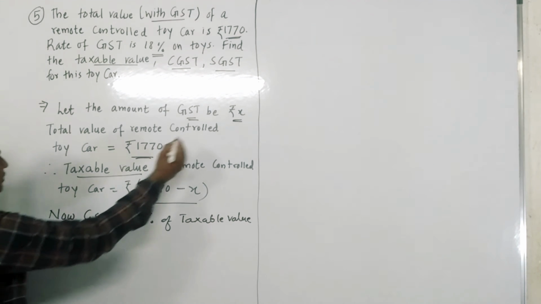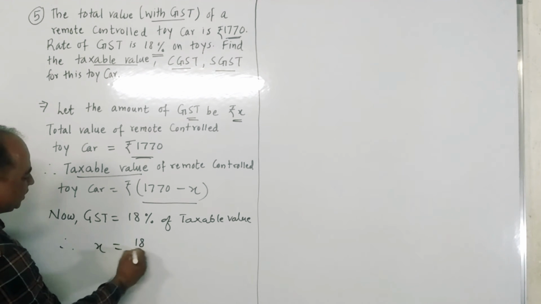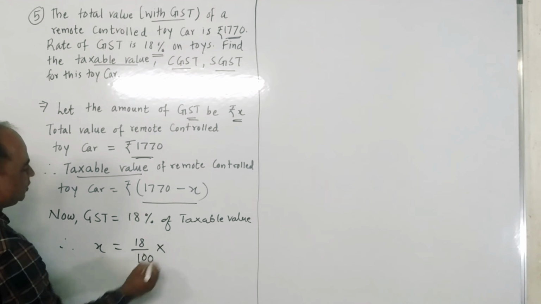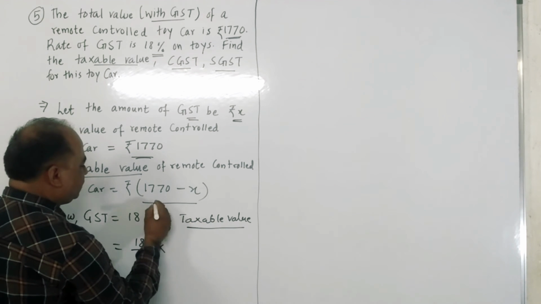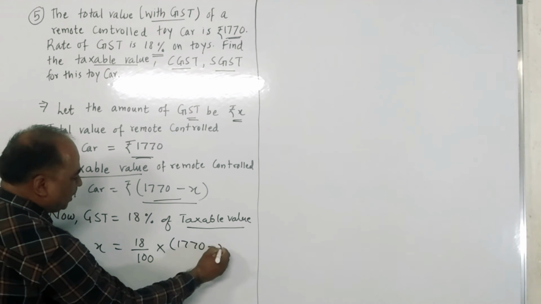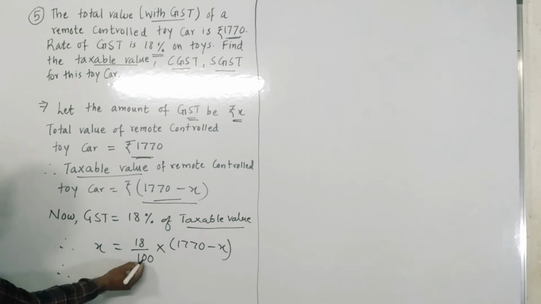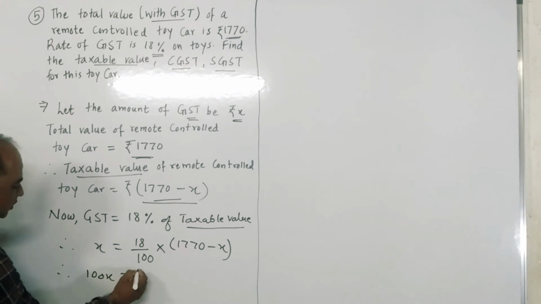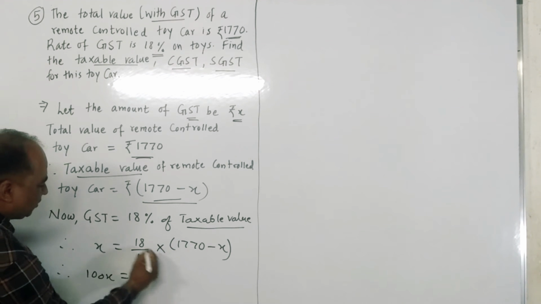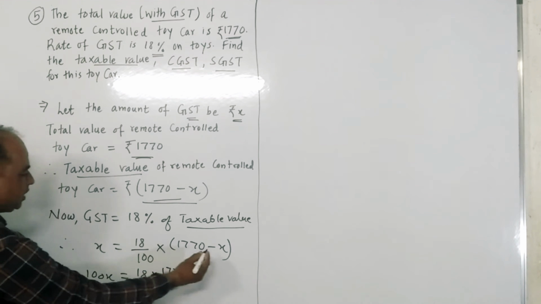The GST which is assumed is X. So X is equal to 18 upon 100 into the taxable value, which is 1770 minus X. Here do the cross multiplication: 100 into X is 100X, equal to 18 multiplied by the bracket 1770 minus X.